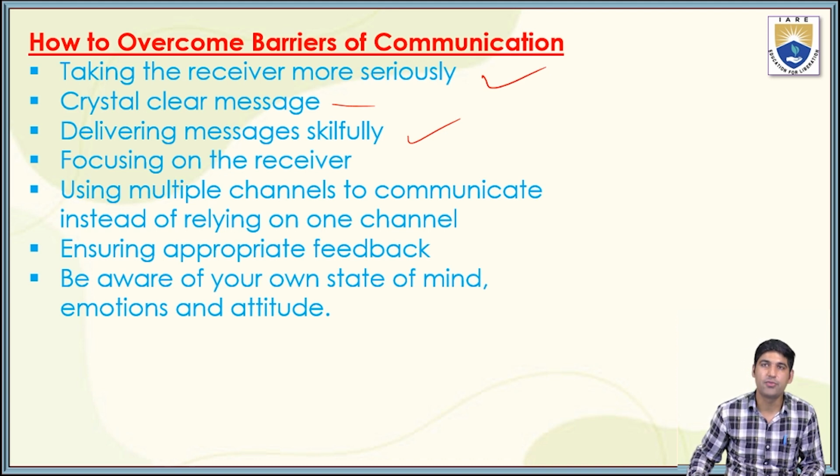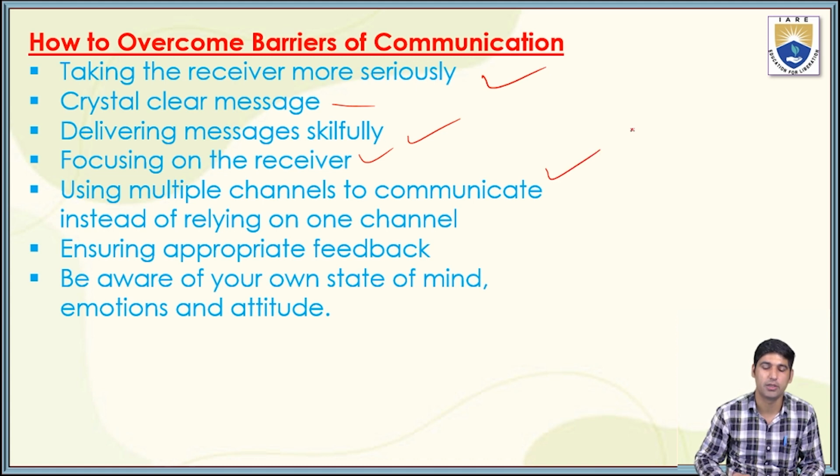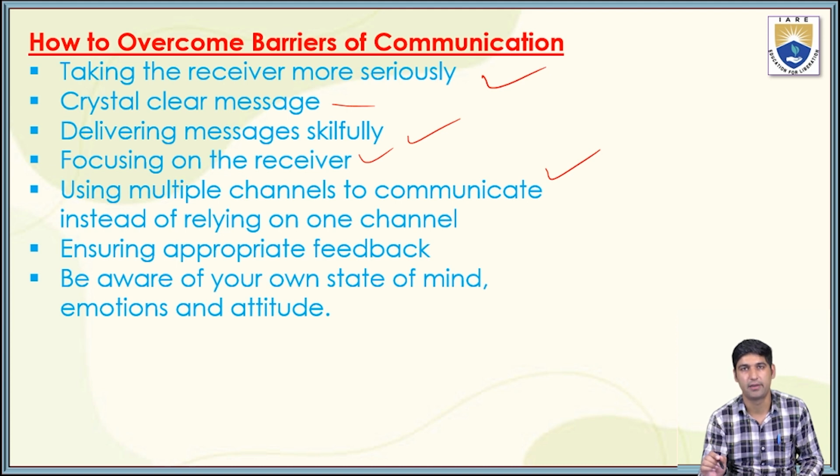Then we need to focus on the receiver. Again, focus on the demands of the receiver. And we need to use multiple channels to communicate. By doing this, we can overcome barriers. We should not rely on a single channel. Then, ensuring appropriate feedback. We should ask for feedback.